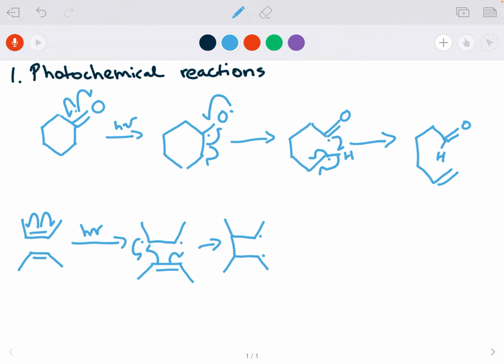And these radicals will now come together to form a sigma bond. And that is my product. So those are two examples of photochemical reactions that are not chain. One intramolecular, another involving two reactants.